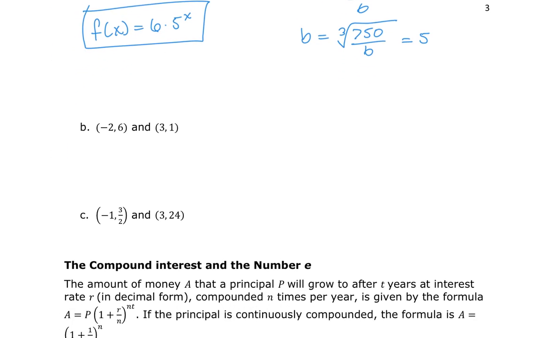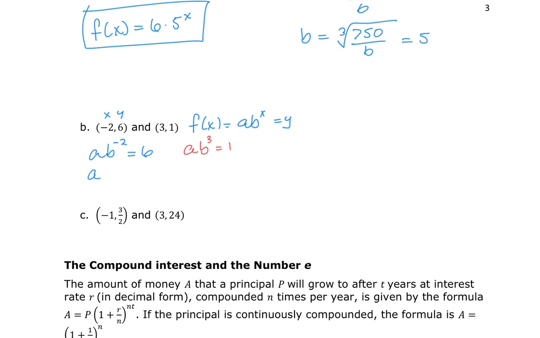So we have f of x is equal to a b raised to the x. I'm going to just call this y, because here's my x and here's my y. So my first equation is a b raised to the negative 2 is equal to 6. Then my second equation is a b raised to the 3 is equal to 1.